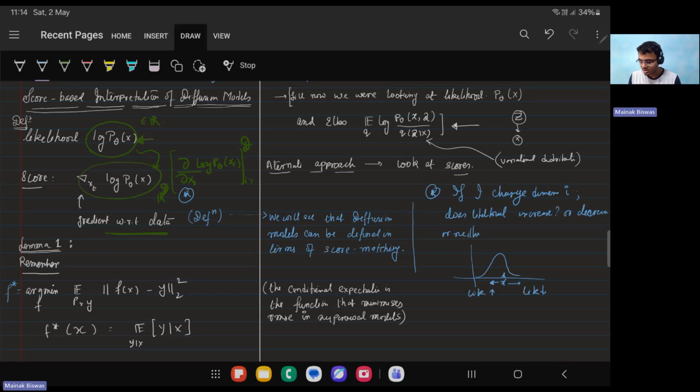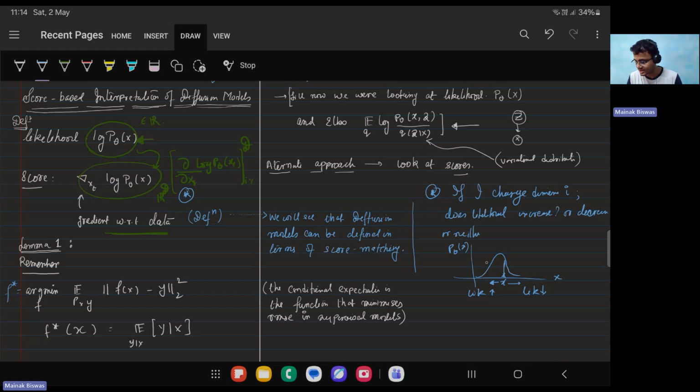This is your p theta of x, and this is your x. So at this point, it is much more likely to go towards the mean, which is more likely, and therefore it will give you a negative score, because the gradient will tell you to go towards decreasing x, and then your likelihood is going to increase. And if you increase x, it's going to decrease.